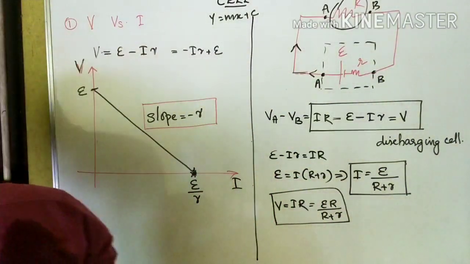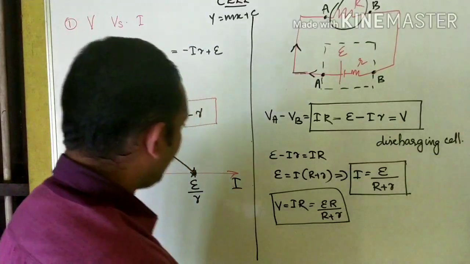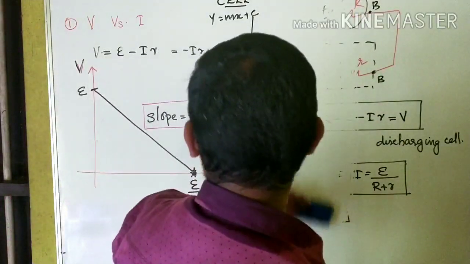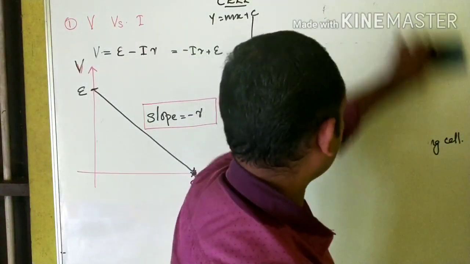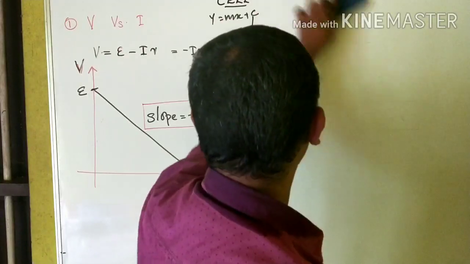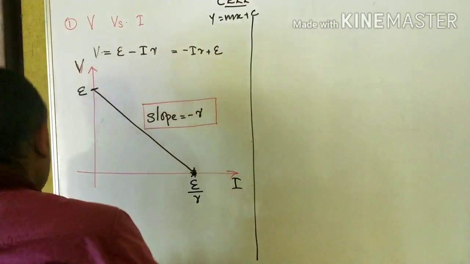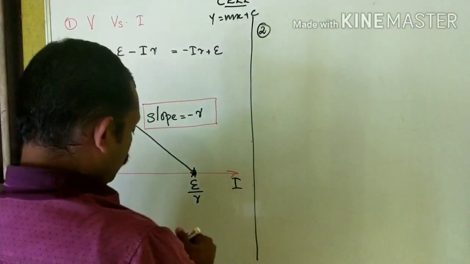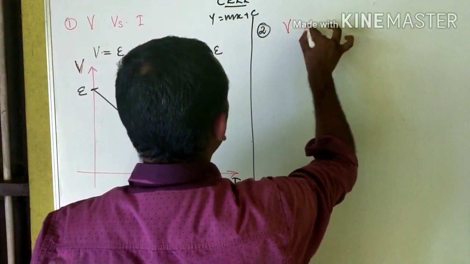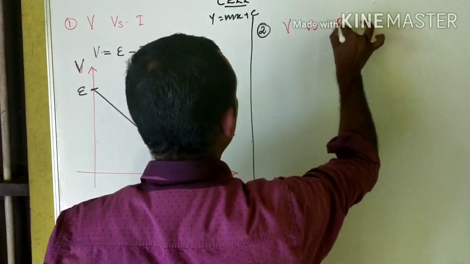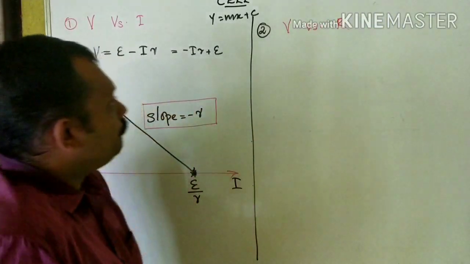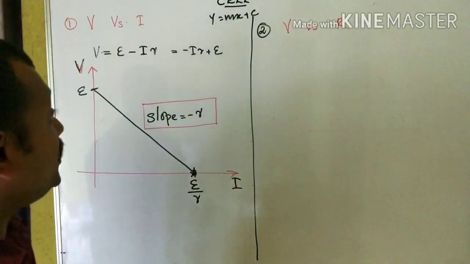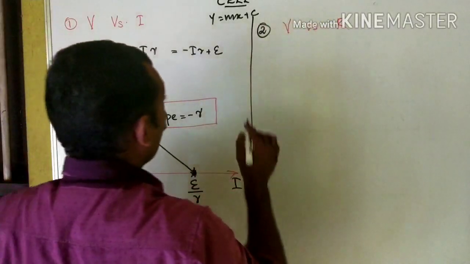The second graph was asked for this year's CBSE board examination. The variation of terminal potential. The second graph is V versus capital R, that is V versus the external load resistance.